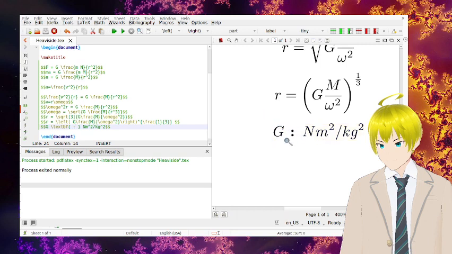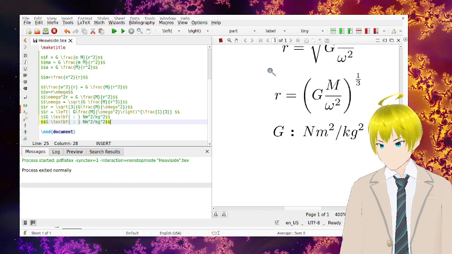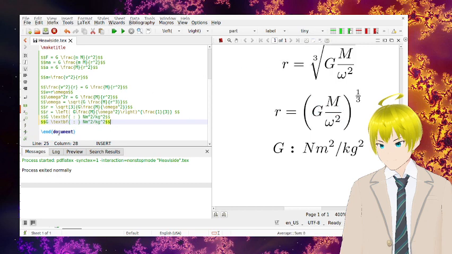So this is the dimensions for G: newtons meters squared divided by kilograms squared. Next, we'll do the units for M, which is kilograms. Is it really kilograms squared?